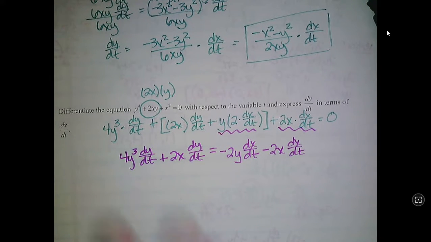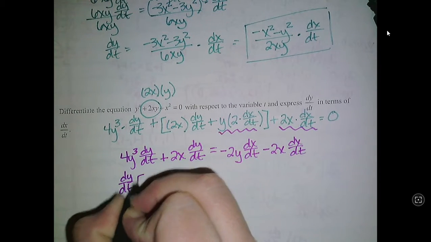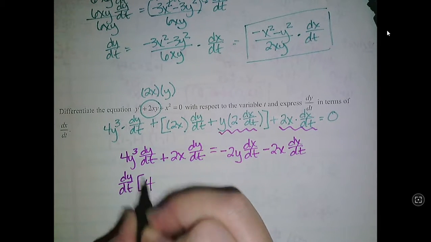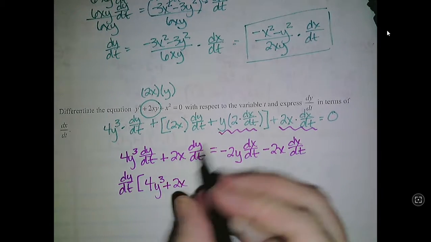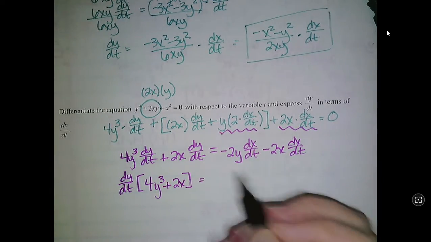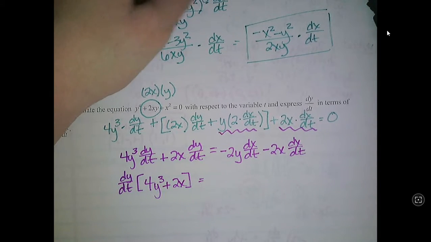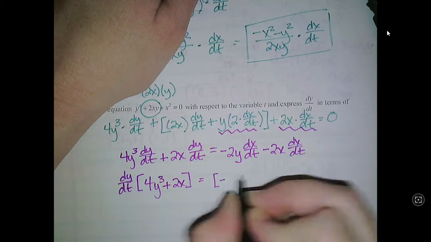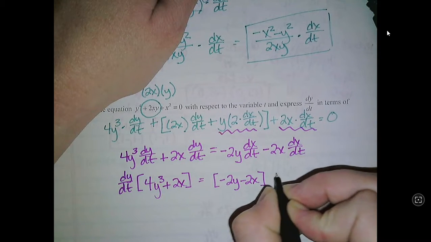Now notice that on the left side, I could factor out a dy dt. That leaves me with 4y cubed plus 2x. And on this side, I have a factor of dx dt that I can factor out. If I pull that out, I've got 2y minus 2x times dx dt.